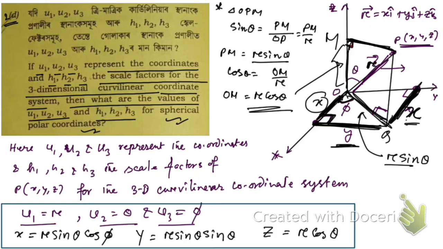So here you see r sine theta cos phi instead of x, r sine theta sine phi instead of y, and instead of z we're going to write r cos theta. So let me write this.